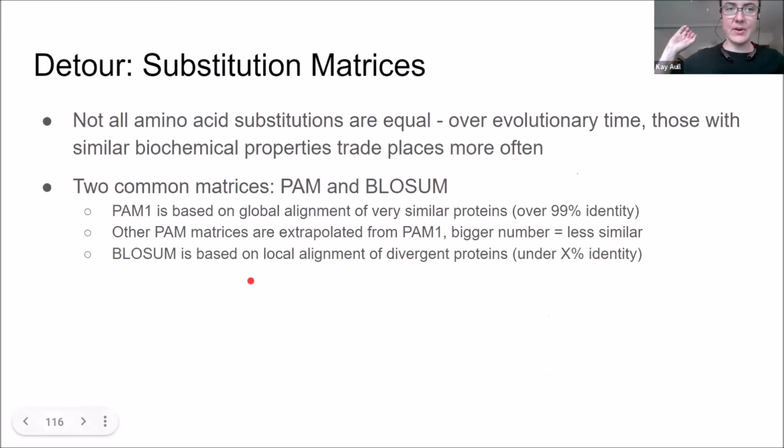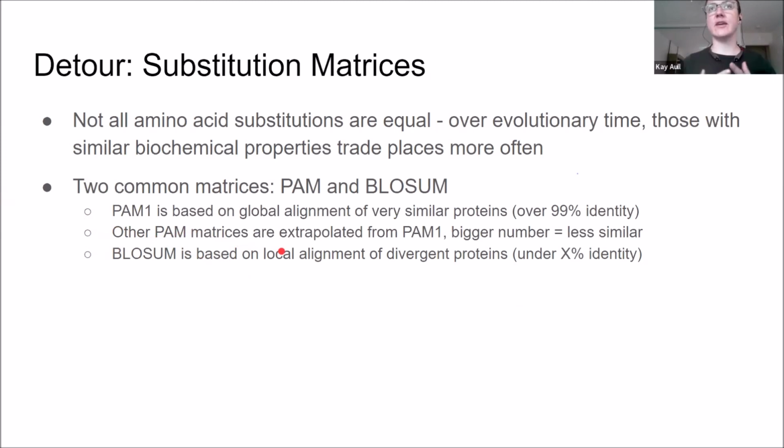And so this is in recognition of the idea that not all of these amino acid substitutions are equal. There are two common ones that show up. There's PAM, which is based on doing global alignment of very similar proteins.